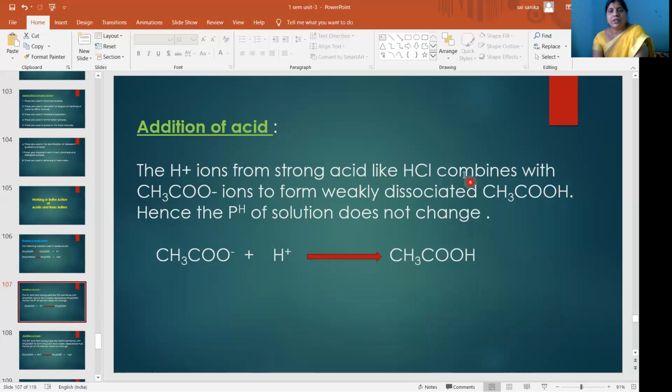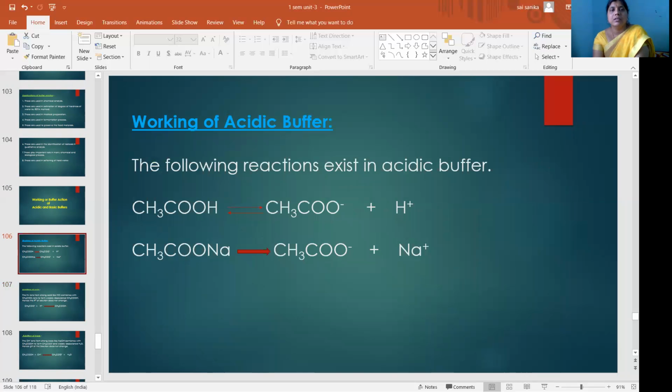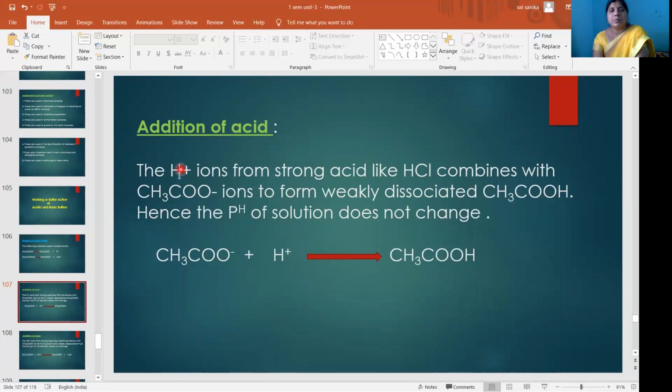This acetic acid is a weak acid, so it is weakly dissociated. Hence, the pH of the solution does not change.